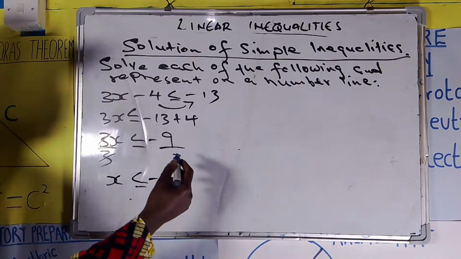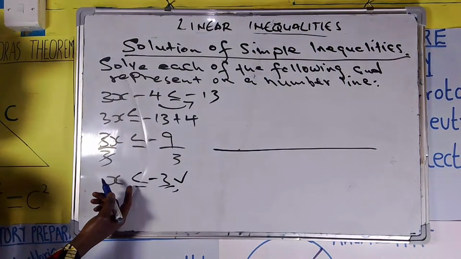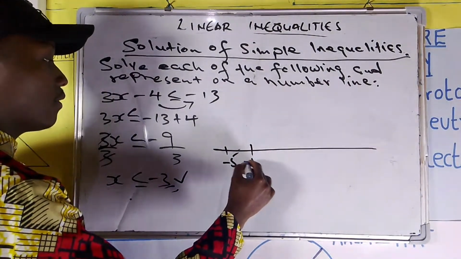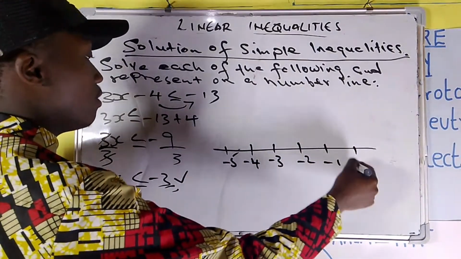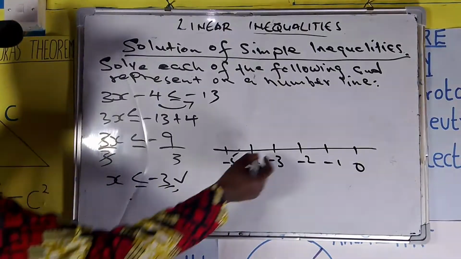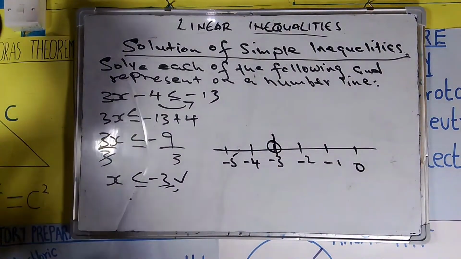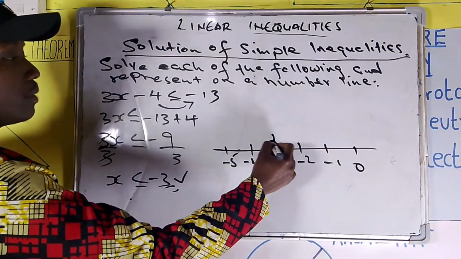Ukipata hiyo, tuende kwa number line. Tunataka mahali x is less than or equal to negative 3. So negative 5, negative 4, negative 3, negative 2, negative 1, 0. So tukuja kwa negative 3. Tunataka anything less than or equal to negative 3. Na tu shade. Mbona tumeshade?